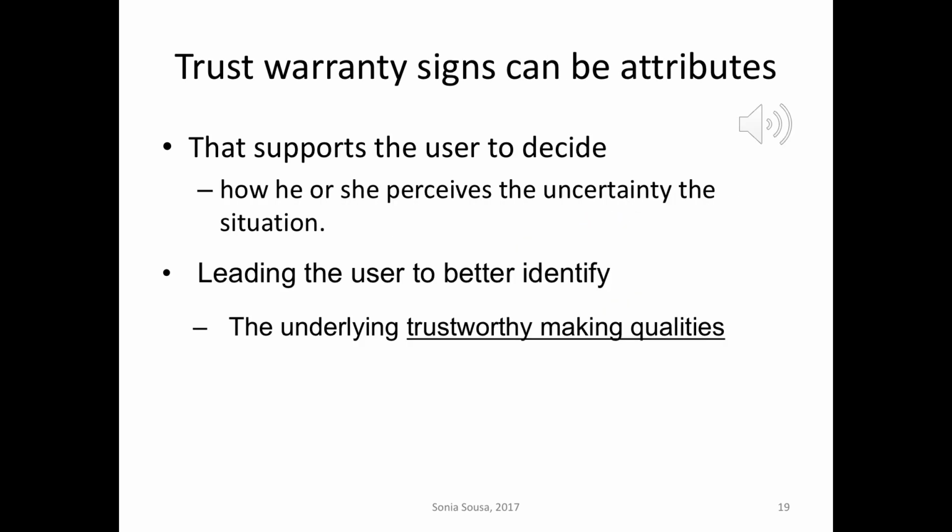A trustworthy sign is what supports me in my decision and what leads me to perceive if a certain situation is trustworthy or not. So it diminishes the uncertainty of interacting with something or someone, leading me to better identify the trustworthy making qualities of an artifact or someone.